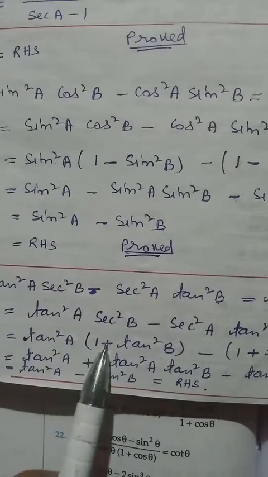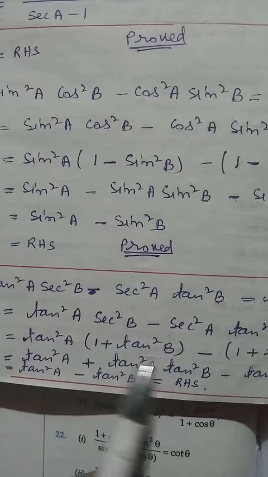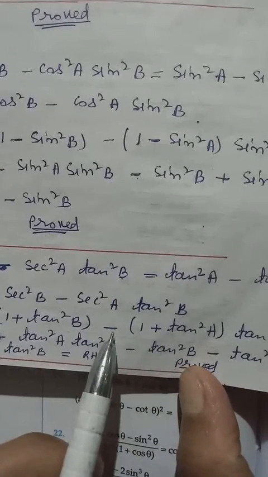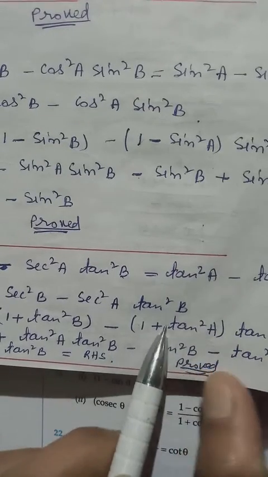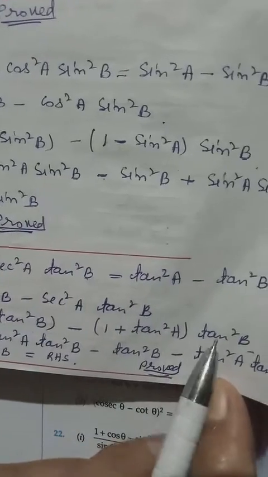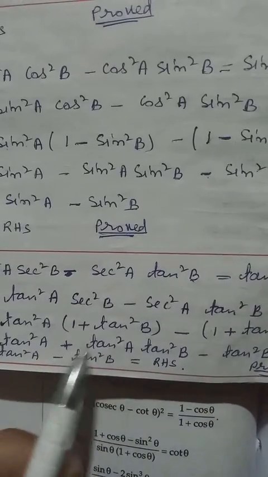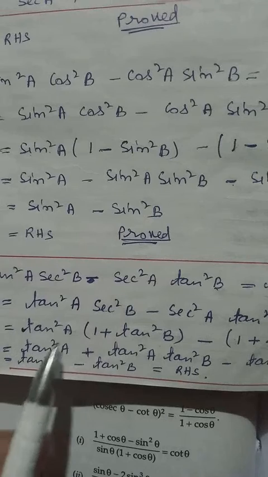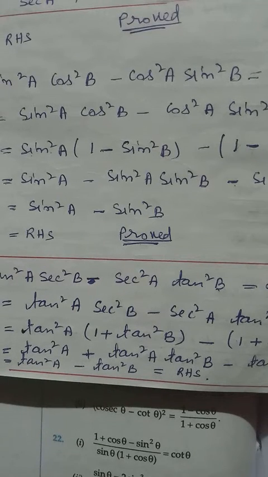Then here also we multiply. Though we have tan², but 1A, 1B, so we write them both. Then here be careful with the minus sign. Minus into plus, minus to plus, minus. Okay, so this one minus, this one plus, we can cancel. So we are left with tan²A − tan²B, which is equal to the right-hand side.